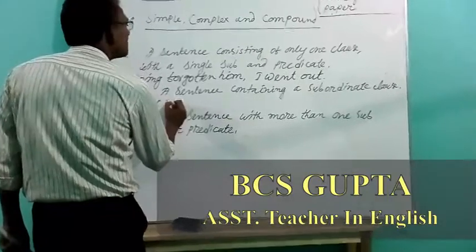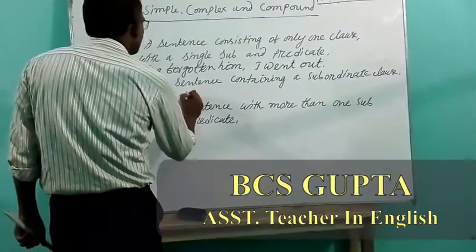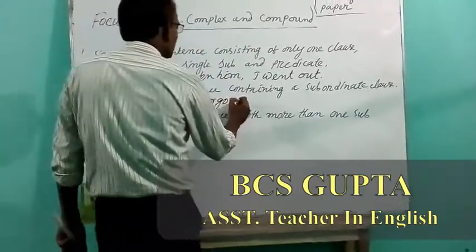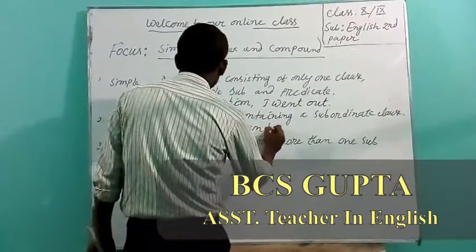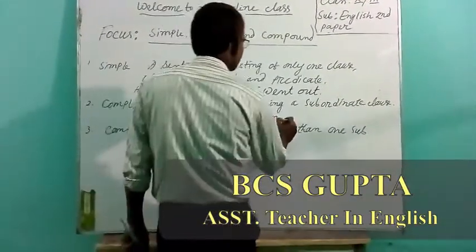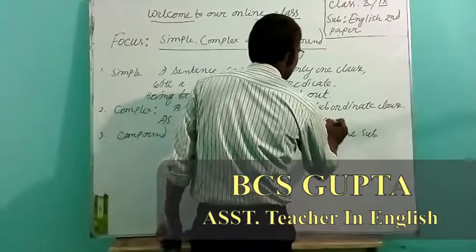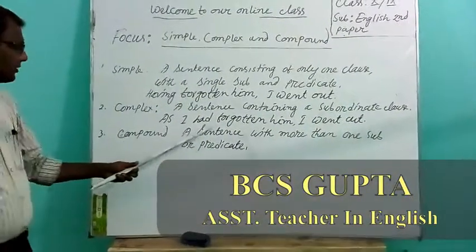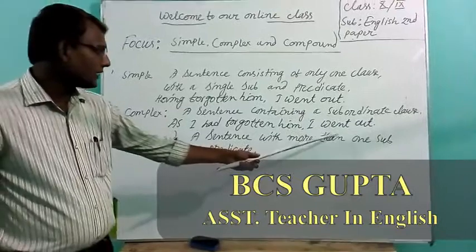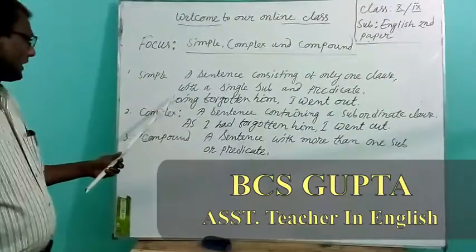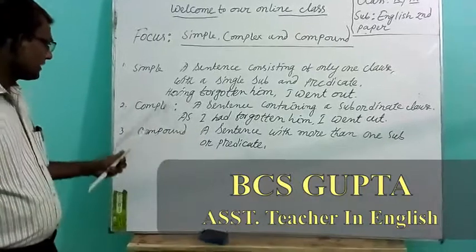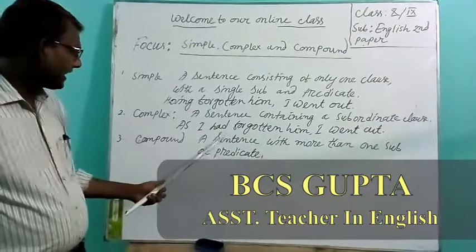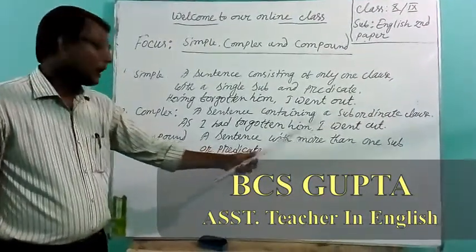As I had forgotten him, I went out. Having forgotten him, I went out, and this sentence changes into a complex sentence: as I had forgotten him, I went out.